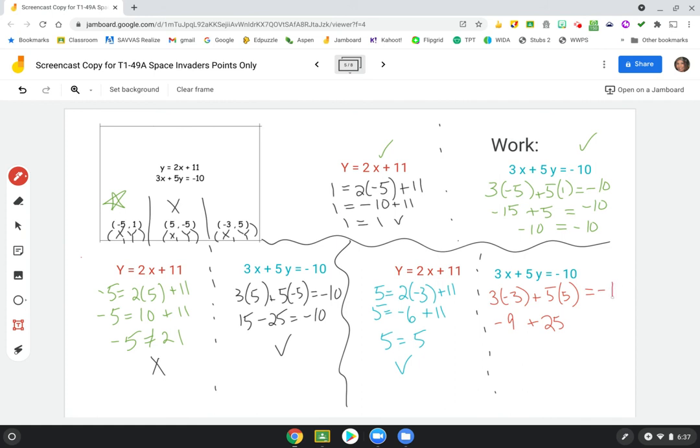And negative 9 plus 25 is not going to be negative 10. It is actually positive 16. So that means we were correct when we said that negative 5, 1 is our solution to this system.